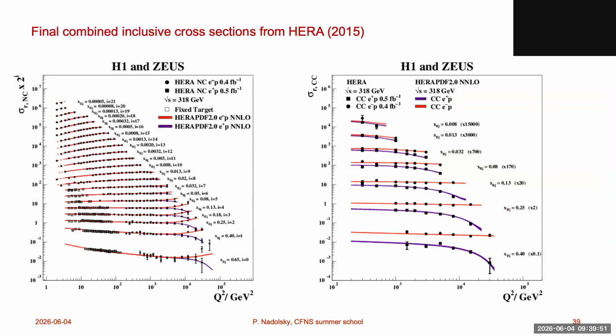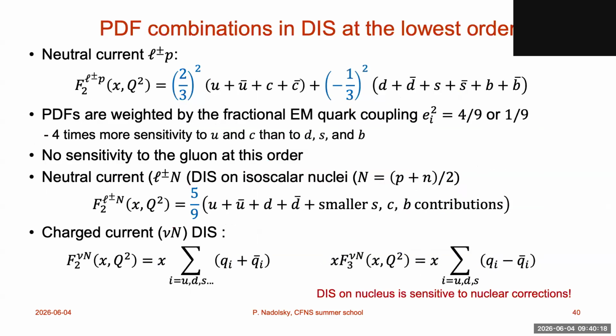The HERA measurements are the most complete and most precise measurements of the structure in deep inelastic scattering. On the left hand side here you see the combined data for the neutral current measurement. On the right hand side you see the data for the charged current measurement. Basically these data sets are the core data sets in our analysis.